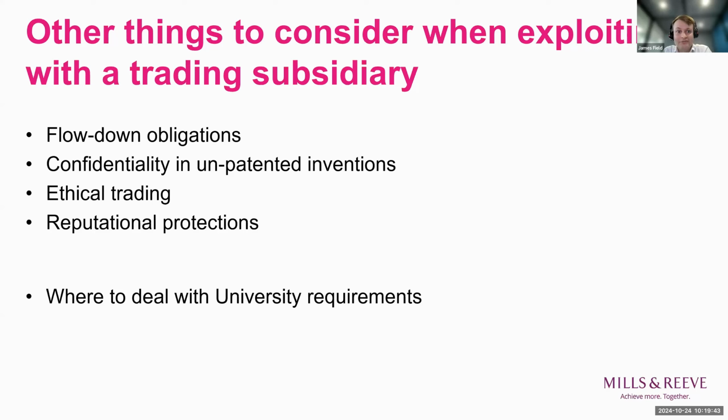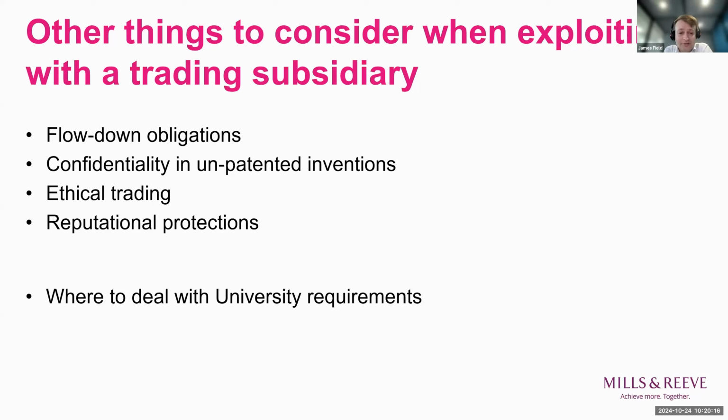The risk being that if the subsidiary doesn't comply with them, is it going to put the university in breach of those obligations to whoever the third party is that they owe them to? And this is quite common to see, for example, in research funding. So where a third party funder provides funding for the research, and they might impose various obligations on the university. The IP is then created through that research, and that's where the flow down obligation kicks in. So it's always worth bearing that in mind.